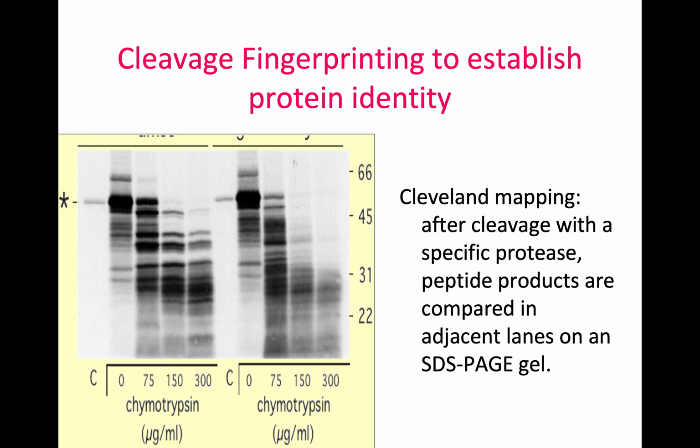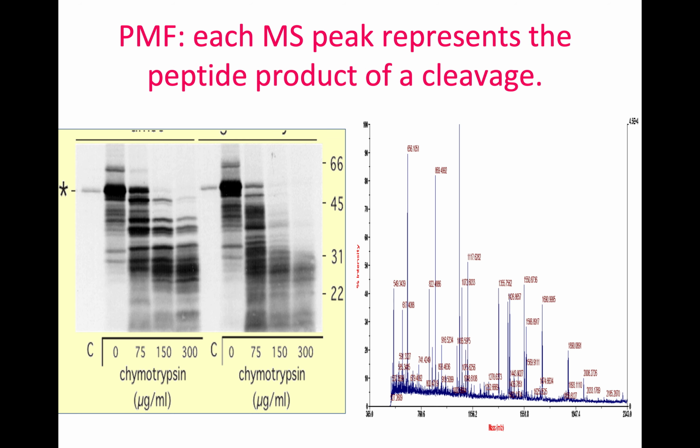So that's why the concentration and also the amount of enzyme versus the concentration of the protein matters for fingerprinting. And this would later on affect the quality of the MS peaks or the spectra that you see.